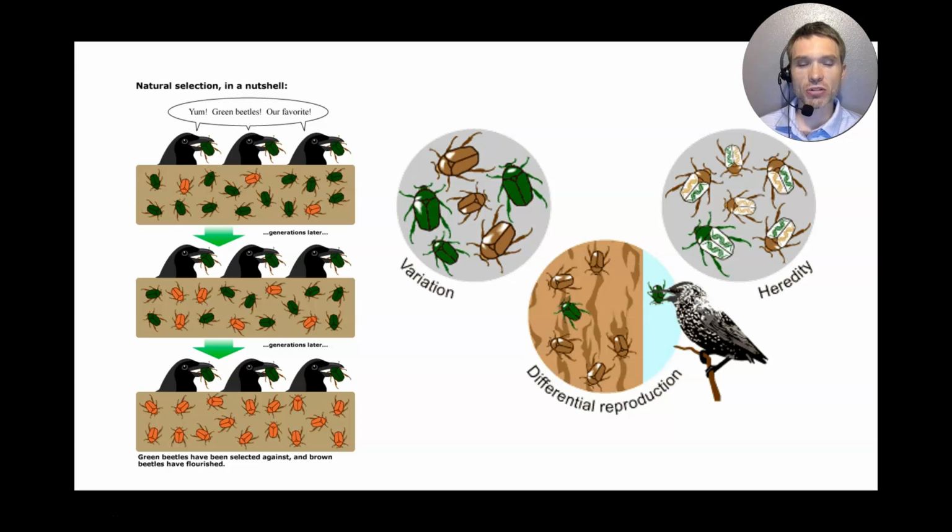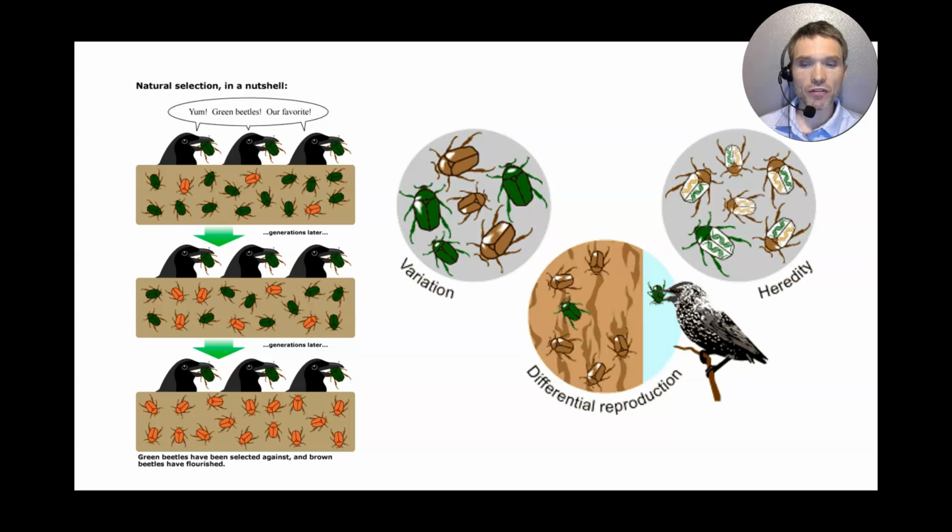And over generation after generation after generation, the green ones are going to be selected against because the red ones have a selective advantage. Therefore, we're going to see a population shift, which we describe as evolution.